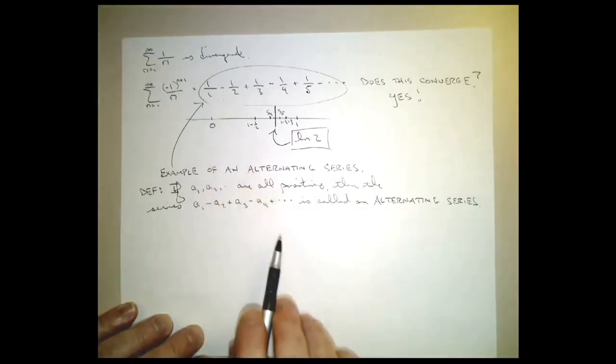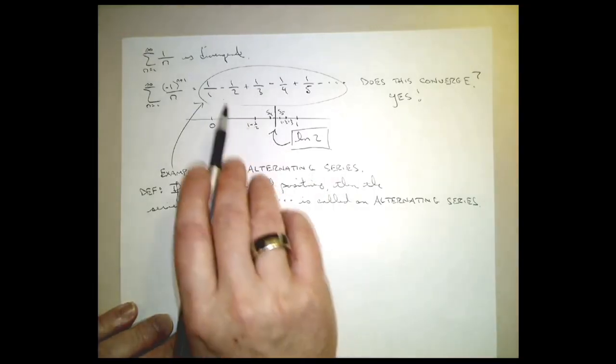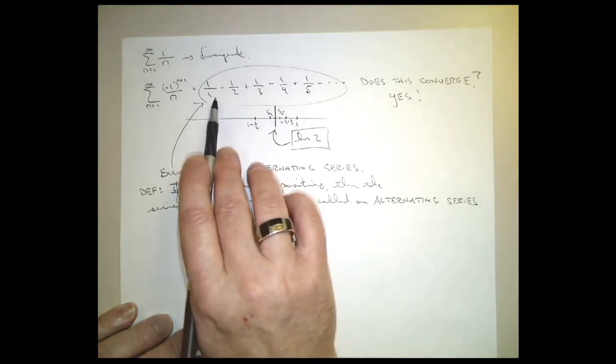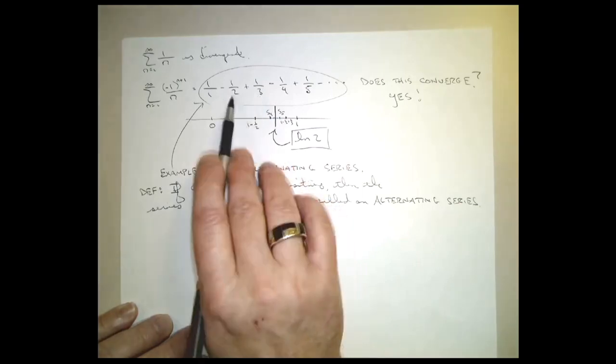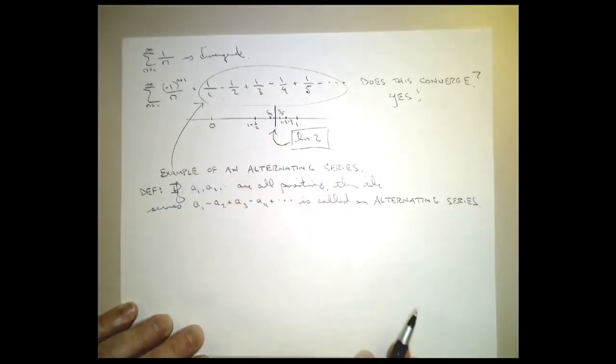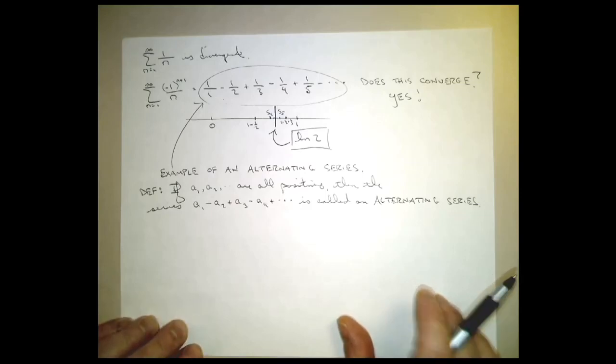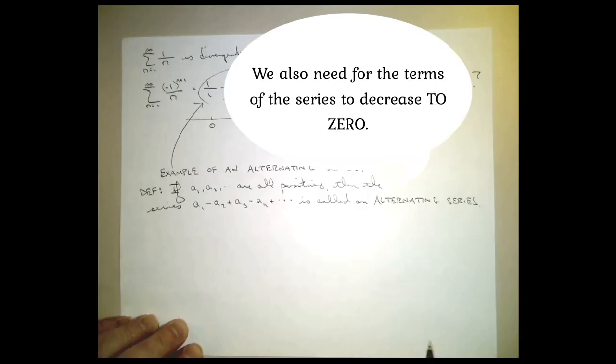This particular one has the additional property that A2 is less than A1, A3 is less than A2, A4 is less than A3, and so on. And that's exactly the sort of alternating series that turns out to be convergent.